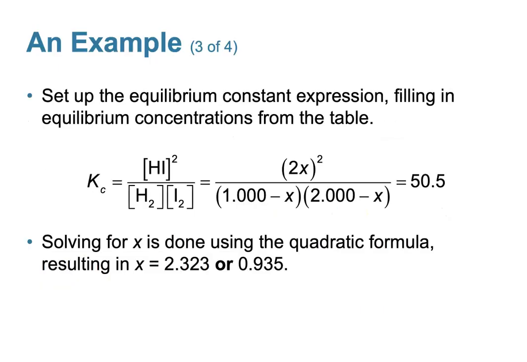Now, though, we are going to solve for X. So we have 2X squared, right? Because it's 2X, but it's squared. And then we have that over 1 minus X and 2 minus X, and we get 50.5. We solve for X using the quadratic formula.